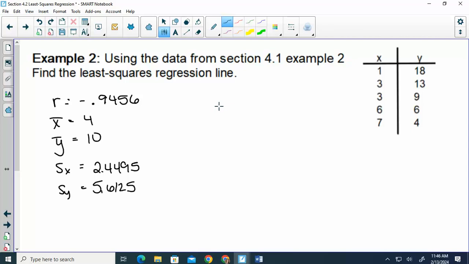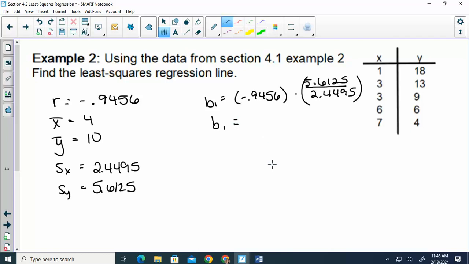If you look on your formula sheet or what we just wrote down, the slope is found by doing the R value, the correlation coefficient, times the standard deviation in y divided by the standard deviation in x. Negative 2.1667.